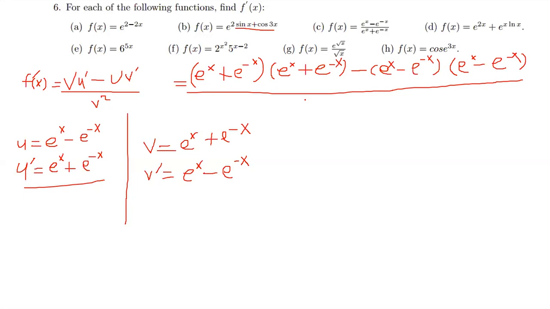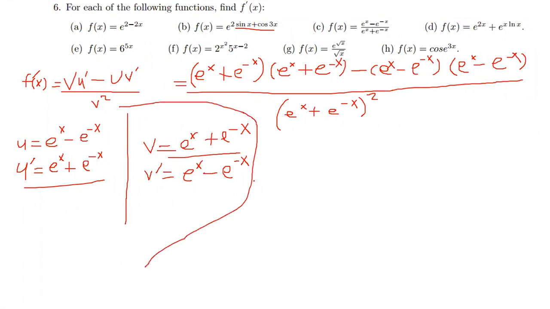Then here, what we're going to do is we divide by v squared. So my v is just this part here. So v is e^x plus e to the power negative x, and then we square it. So let me just do this. Okay, so we now simplify this to this times that is just this same thing squared.